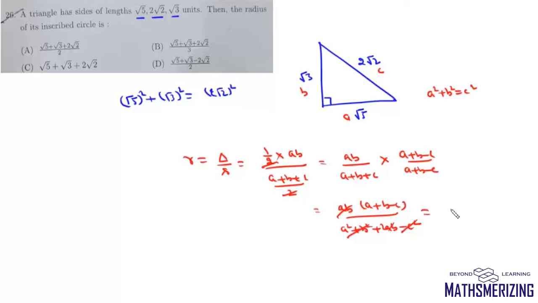AB will also cancel. So this result will be simply (a plus b minus c) upon 2. So the radius of the incircle of a right angle triangle will be (a plus b minus c) upon 2, where c is the hypotenuse. So this result will be (root 3 plus root 5 minus 2 root 2) upon 2, and that's your option D.